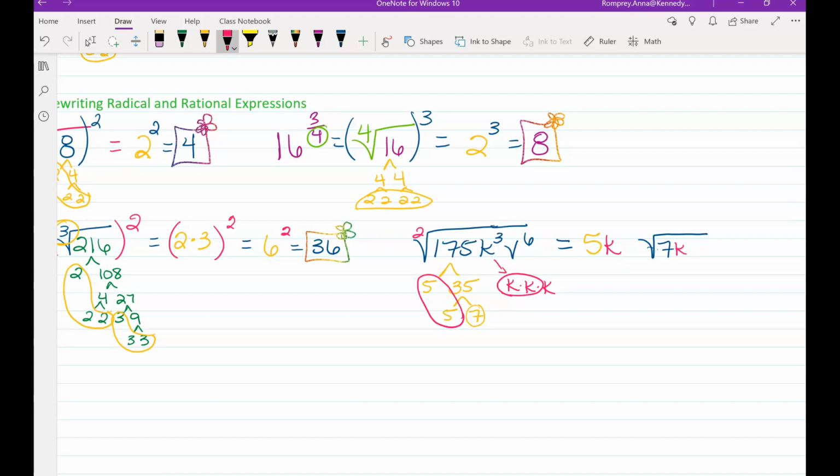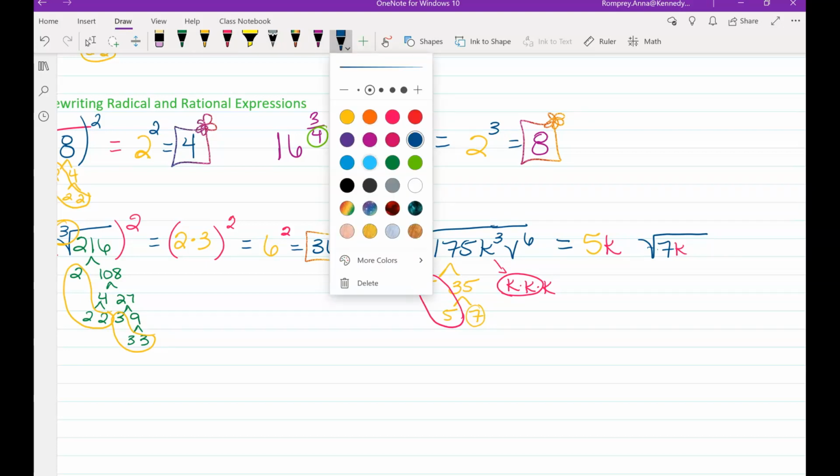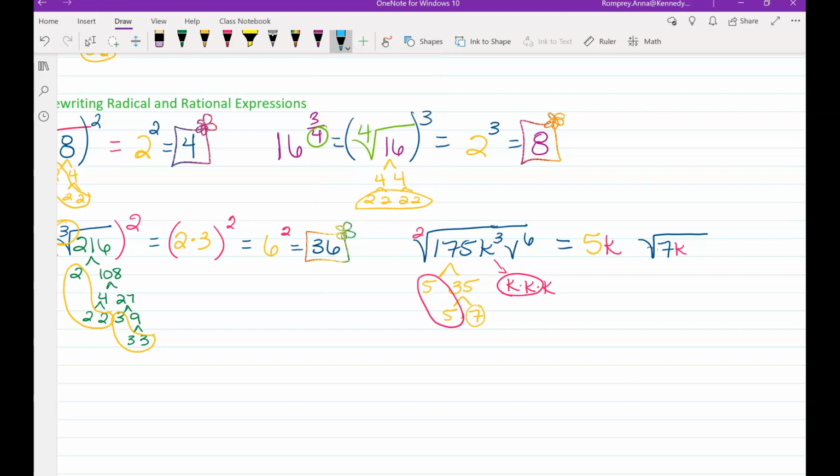You could write out 6 v's, or you could try a shortcut. If I have 6 v's and I'm looking for groups of 2, just divide. What's 6 divided by 2? 3. So I have 3 groups of v's that come out, and were there any left over? Nope, it divided nicely, so no v's were left underneath the radical. And there's your answer.